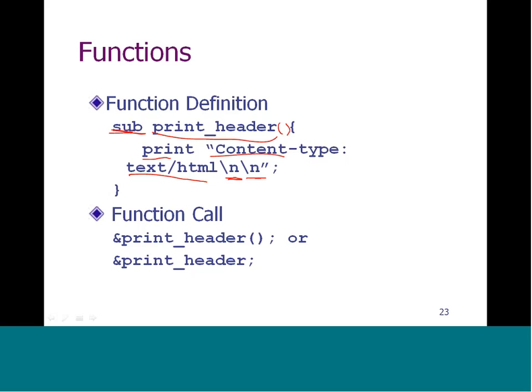So it prints a couple of new lines. Essentially this may be printing header information on an HTML page. If you want to print something out, this subroutine prints that and then prepares for the subsequent content to be printed out.